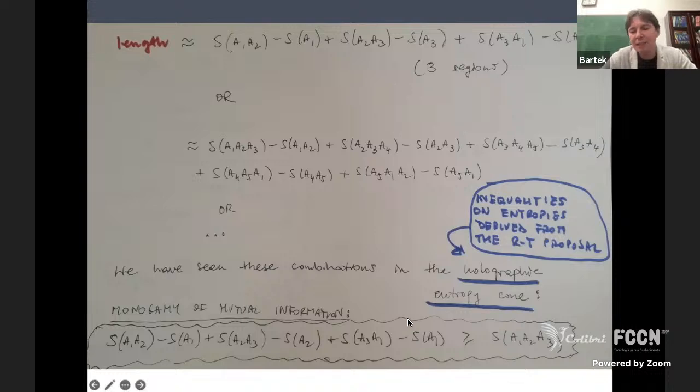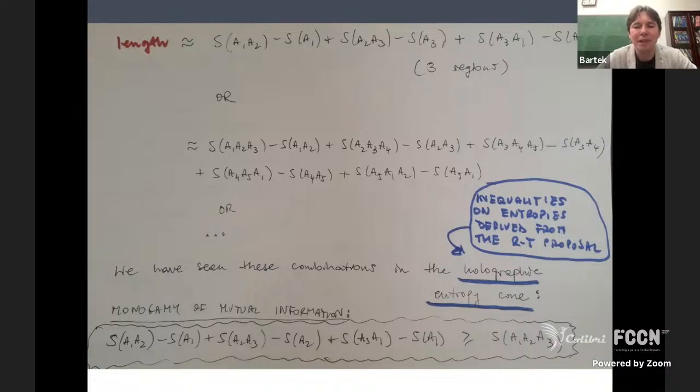Monogamy of mutual information is the statement that this combination has to be greater than the entropy of the combined region A1,A2,A3. So that specific constraint that had been derived back then is actually a statement that the coarsest discretization of differential entropy is greater than the entropy of A1,A2,A3.